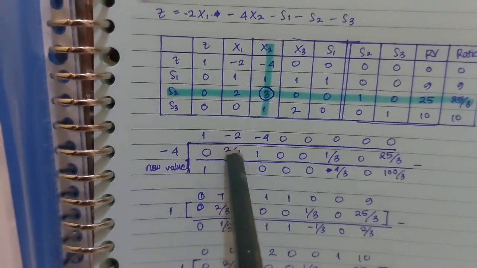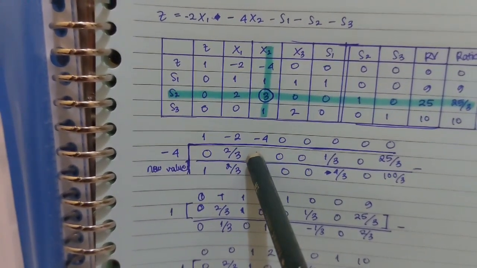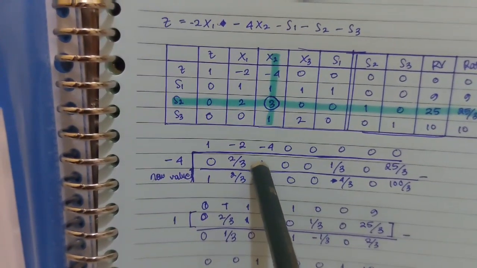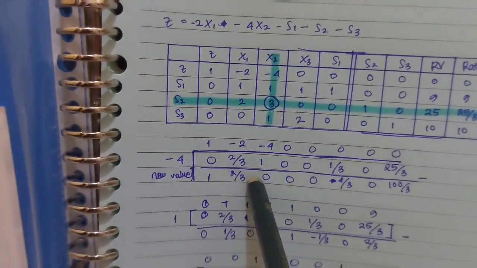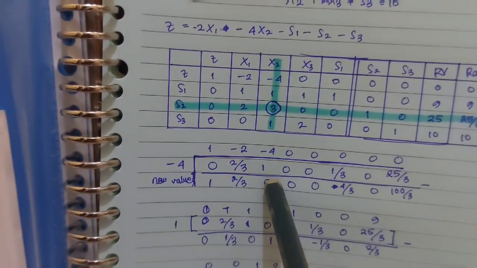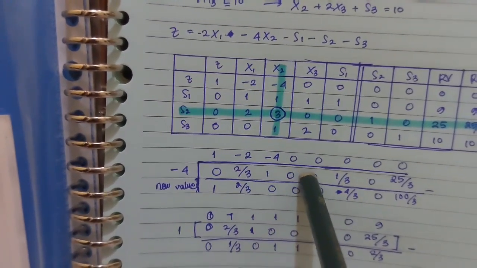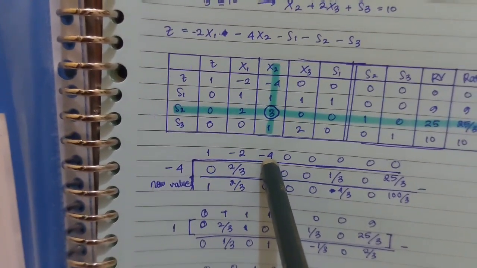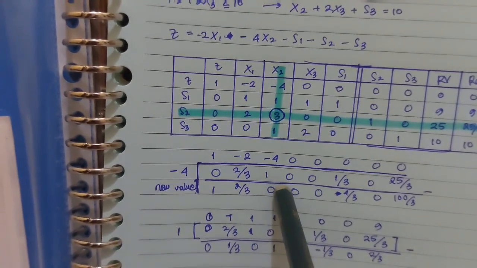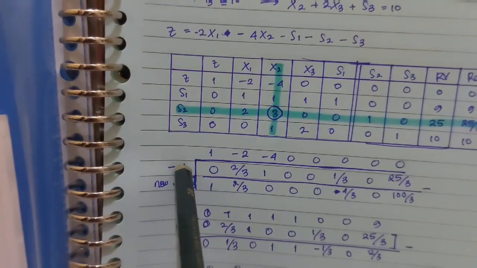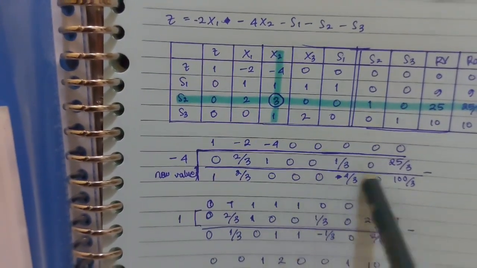And -4 times 2 per 3 is -8 per 3, and -2 minus -8 per 3 becomes 2 per 3. -4 times 1 is -4, and -4 minus -4 becomes 0, because minus and minus become plus. -4 times 0 is 0, 0 minus 0 is 0, and etc.